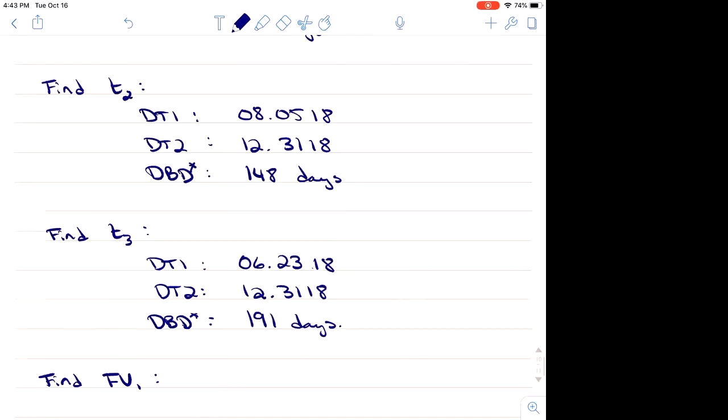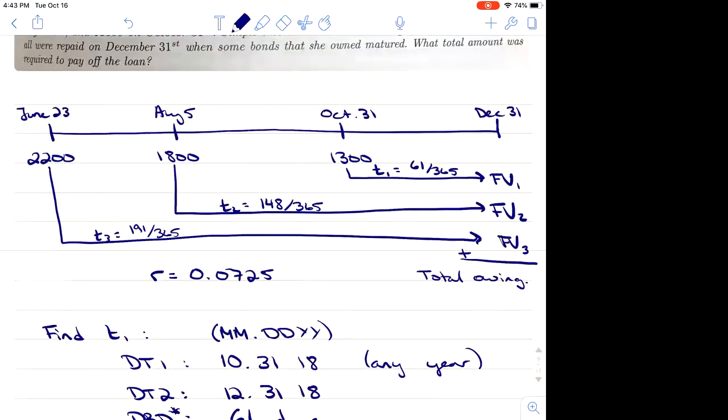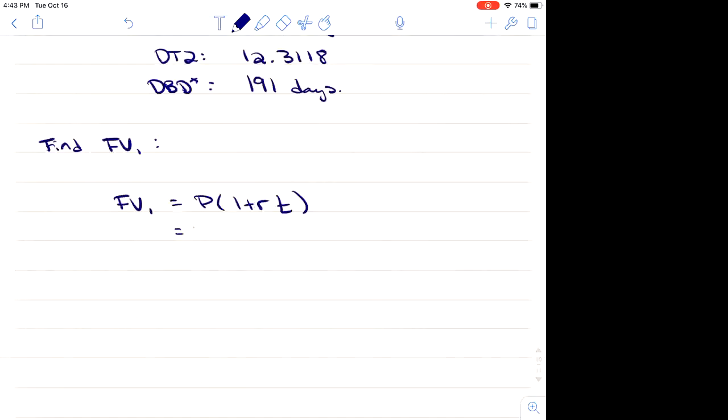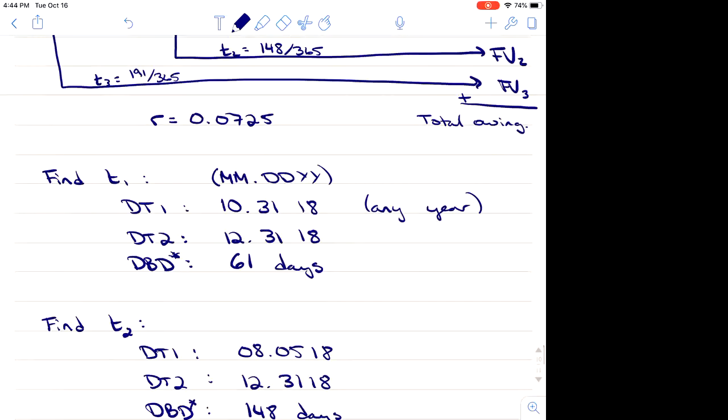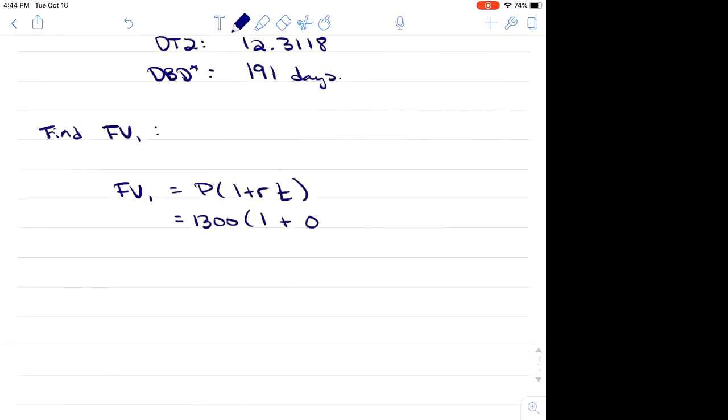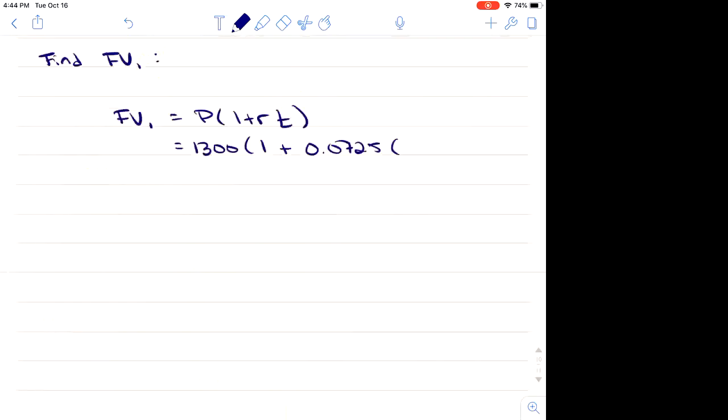P for future value 1 is that $1,300. $1,300 times 1 plus the rate, which is always going to be 0.0725. But the time is going to change. This one I think was 61 days, so 61 out of 365.